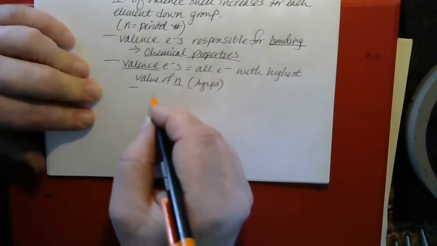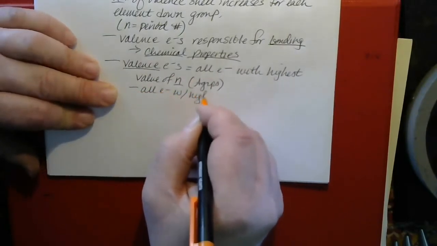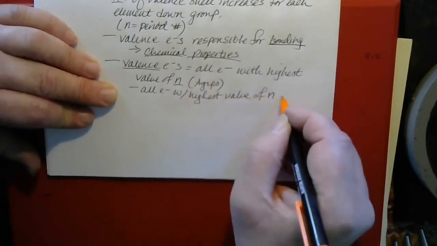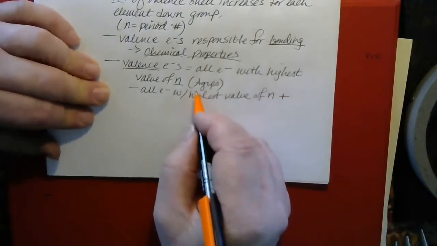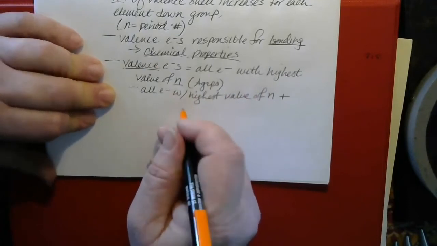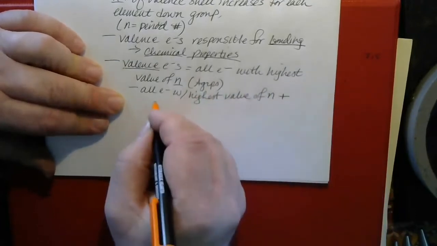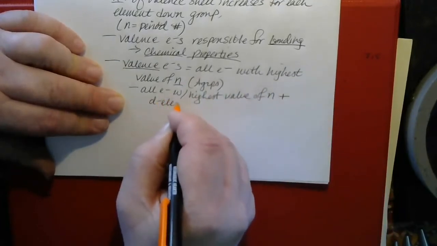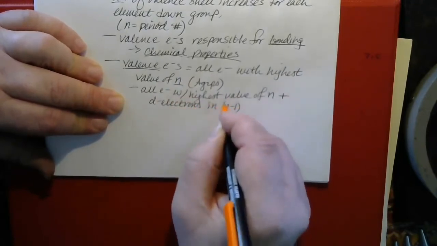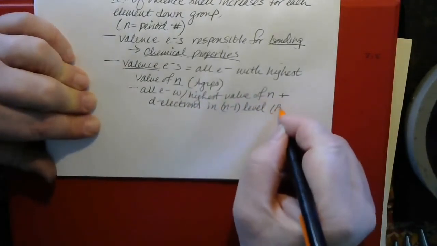Or for the B groups, that would be all of the electrons with the highest value of n and d electrons in the n-1 level. And that's for the B groups.